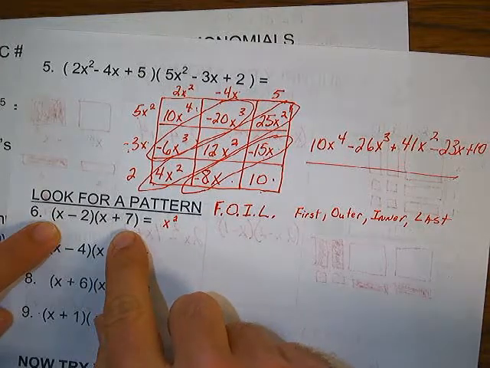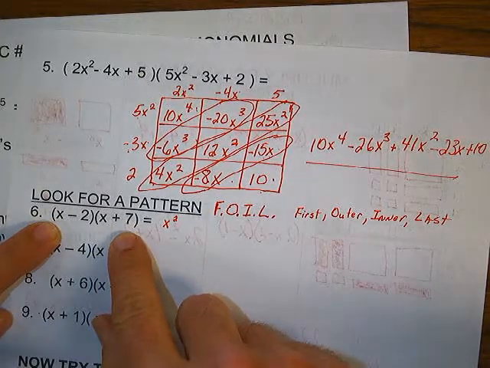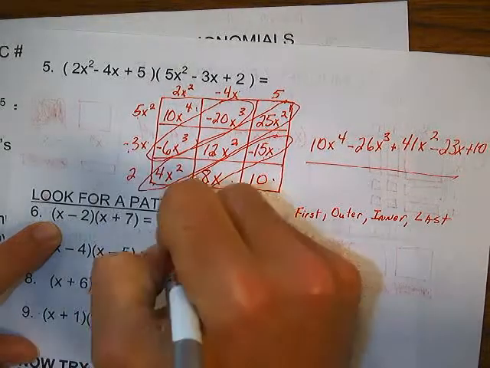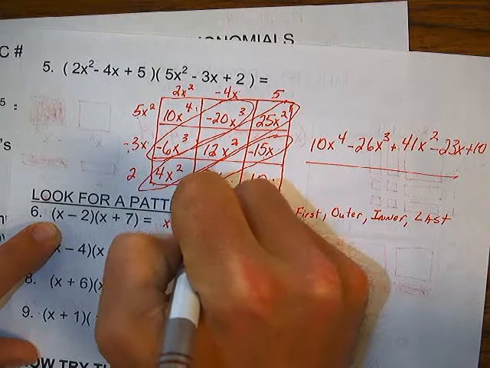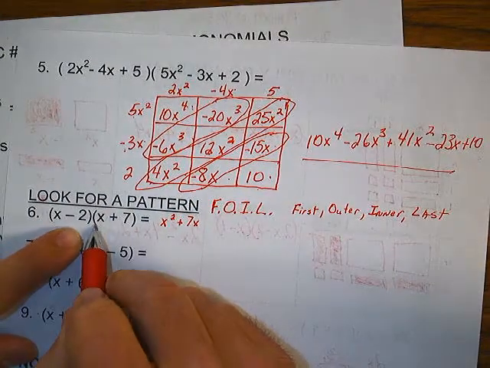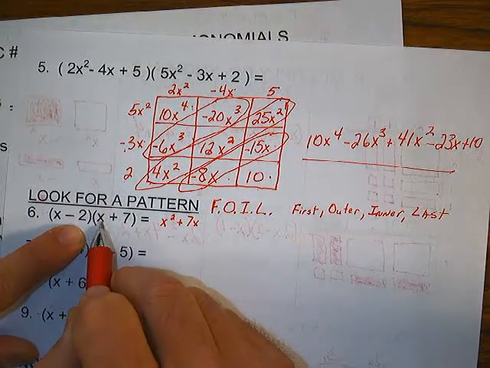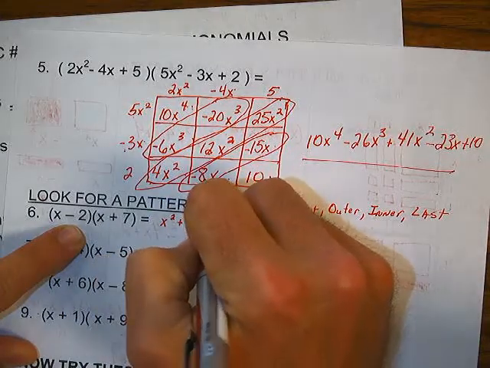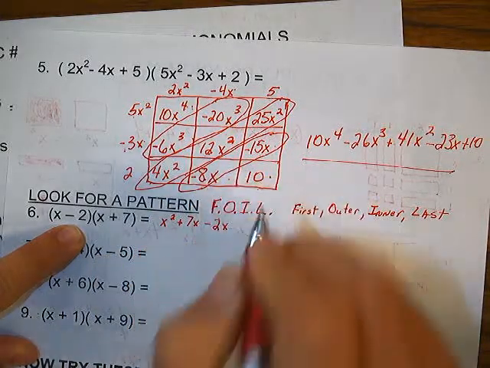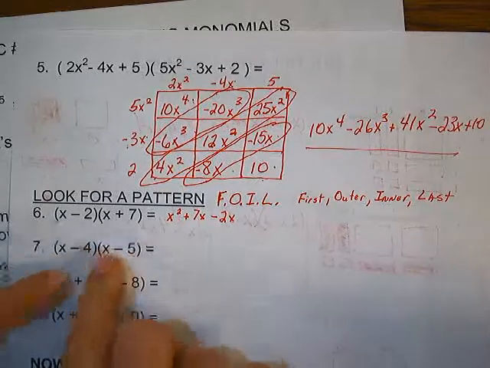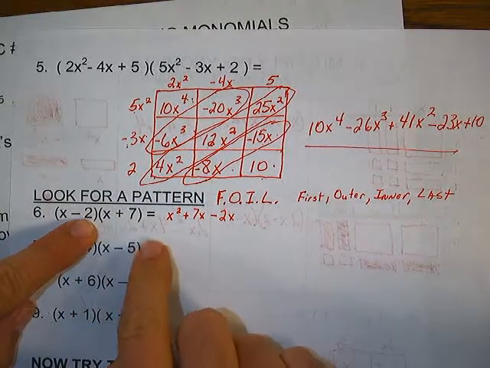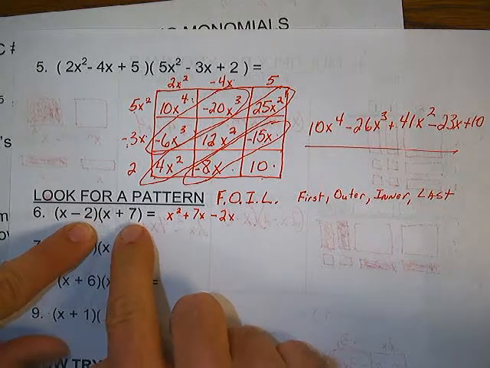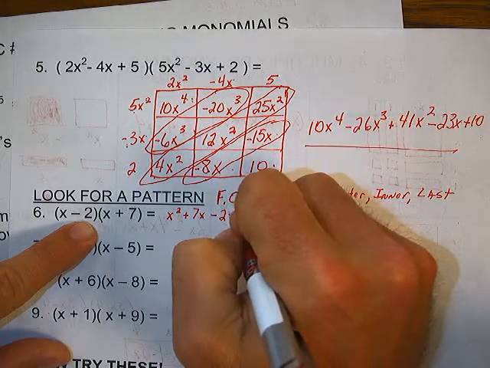Outer would be x in this one and 7 in this one. 7 times x is 7x, so plus 7x. Inner, that's the inside. That's negative 2 times x, which is negative 2x. And then the last would be the last term in each binomial. Negative 2 in this one, 7 in this one. Negative 2 times 7 is negative 14.